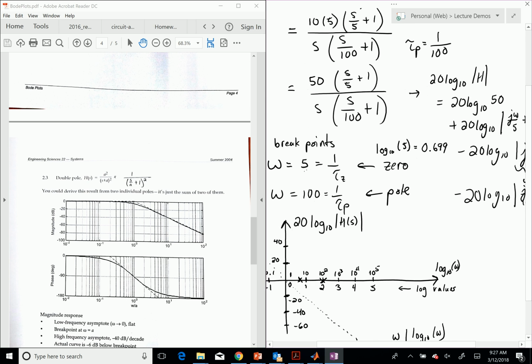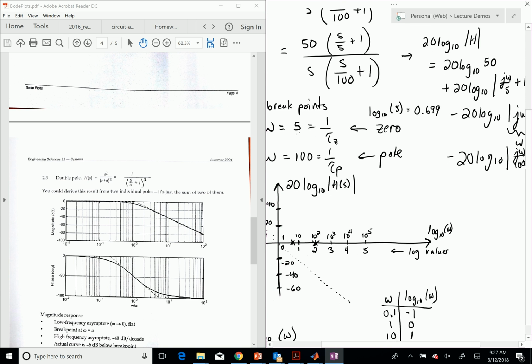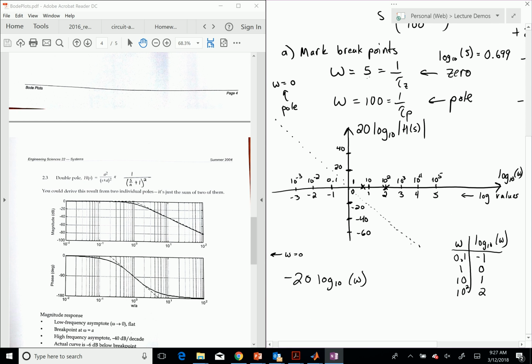The part that I just added up was basically this. So this minus 20 log of omega is this. I can see that if omega was equal to 1, this would be equal to 0. Let me try this right here: if omega equals 1, this is 0.